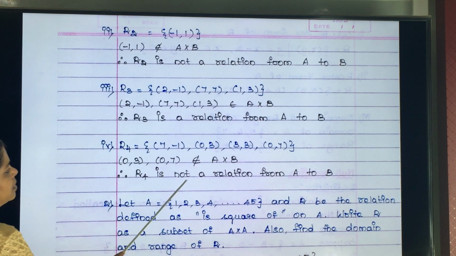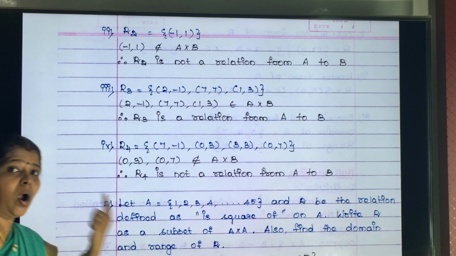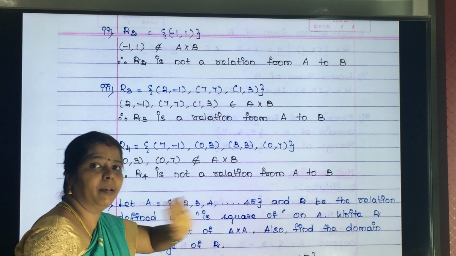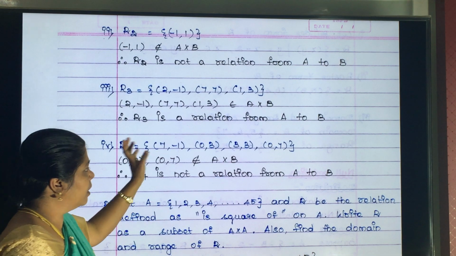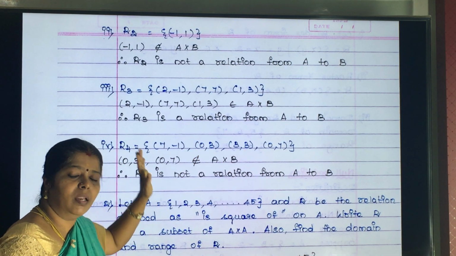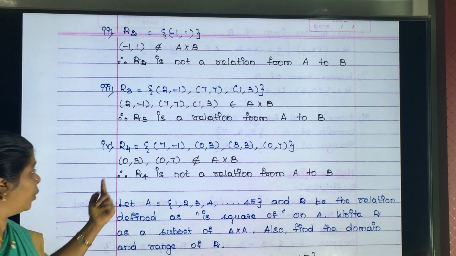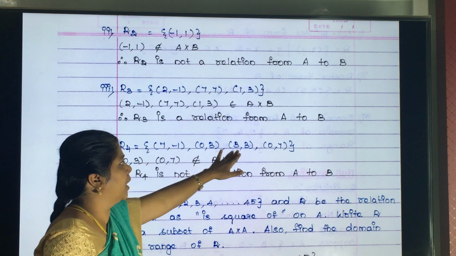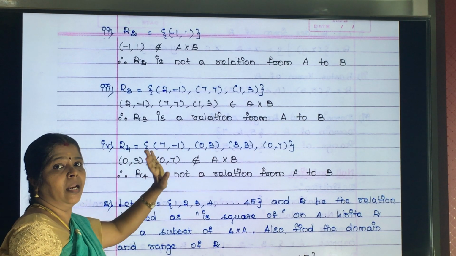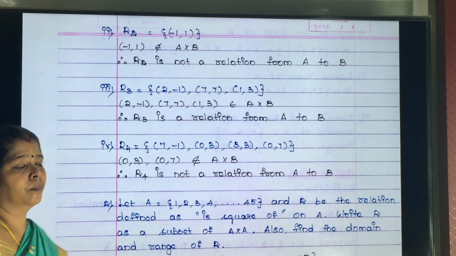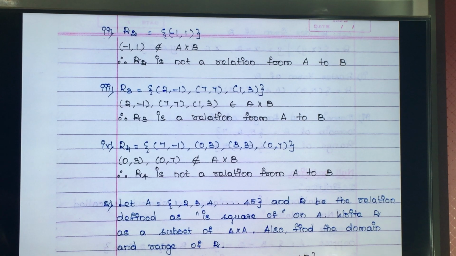We will say R4 is not a relation, because even if one pair is not in A cross B, the given collection cannot become a relation. Whatever ordered pairs are given, everything should be available in A cross B. Only then it will be called a relation. ஒரு பேர் இல்லனாலும் கொடுத்திருக்கிற collection ரிலேஷன் ஆகாது. Okay, so R4 is not a relation from A to B.